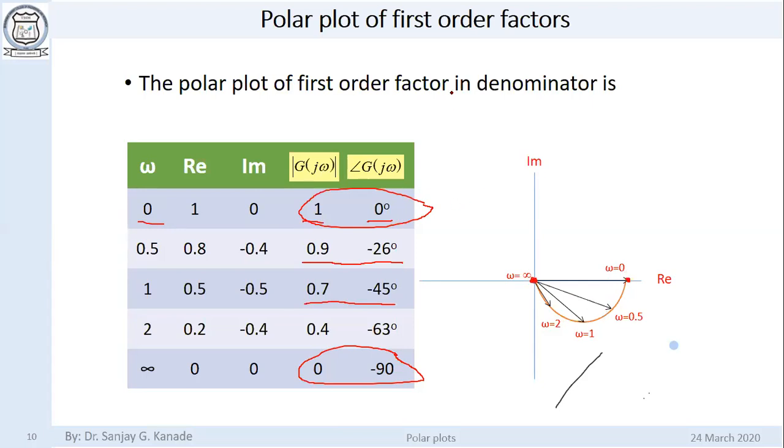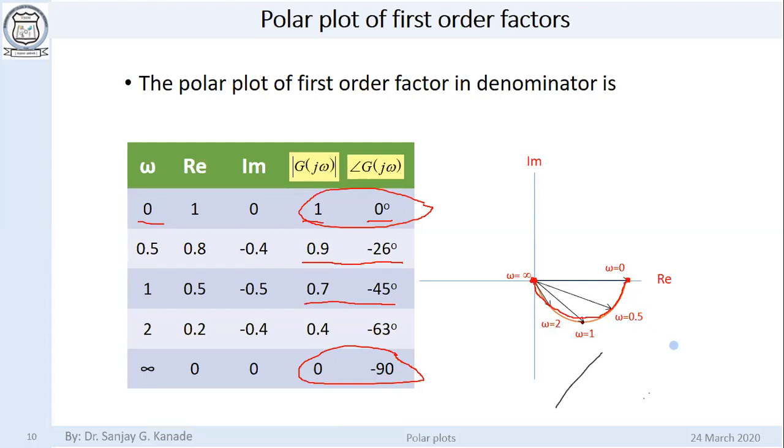Like when you have a first order factor in the denominator only, then the shape is like this. So this shape is not very important. You can have a not so correct shape also, it is okay.